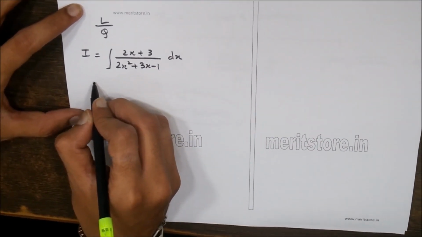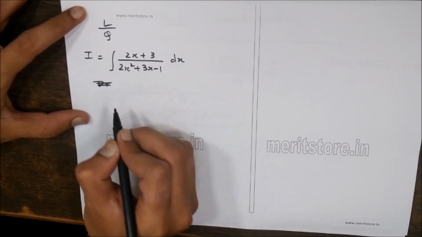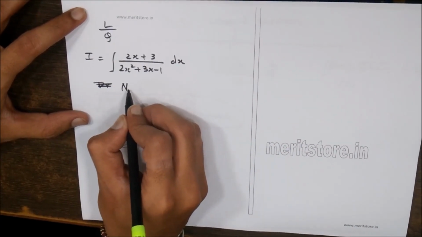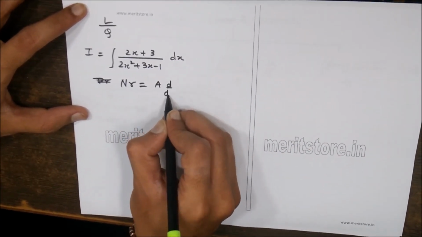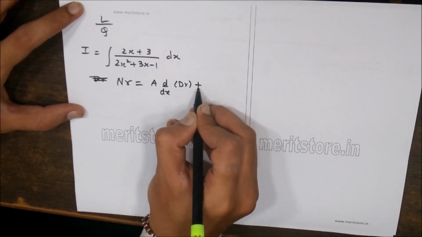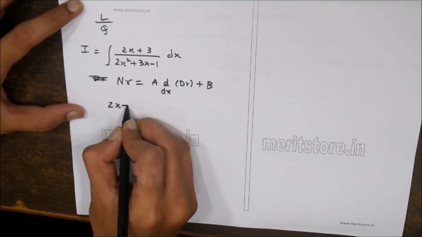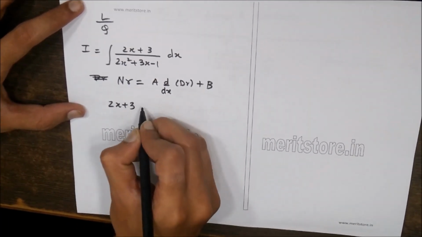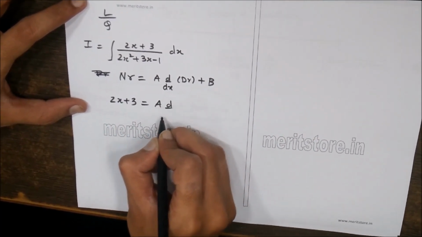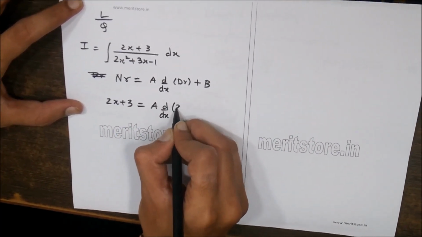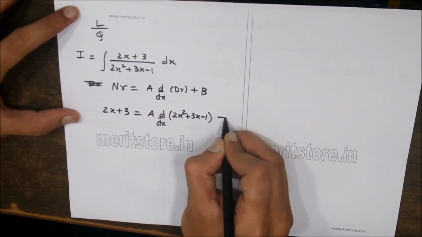We'll always try and write numerator equal to a times derivative of the denominator plus b. That is, I'm trying to write 2x plus 3 equal to a times derivative of 2x square plus 3x minus 1 plus b.